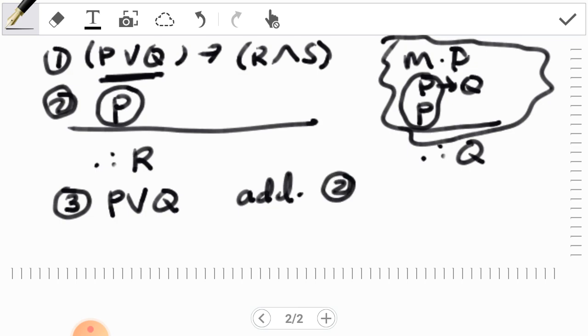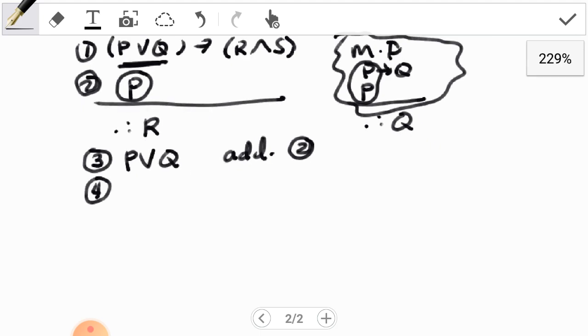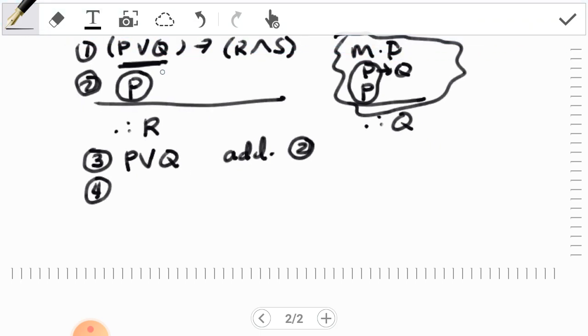We added the proposition Q from the given proposition P. Then after doing that, you will now notice that P or Q is already here. And with 1 and 3, you can now use your modus ponens because the first propositions are exactly the same.